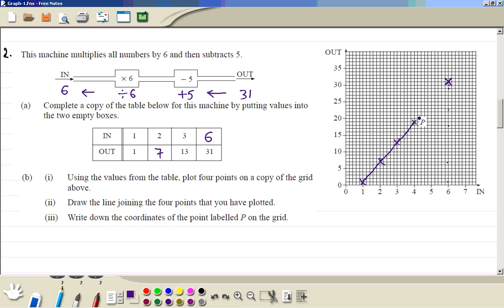So we've done part 2. Part 3, you have to write down the coordinates of the point P here. If you look down, it's here. So the x coordinate is 4.